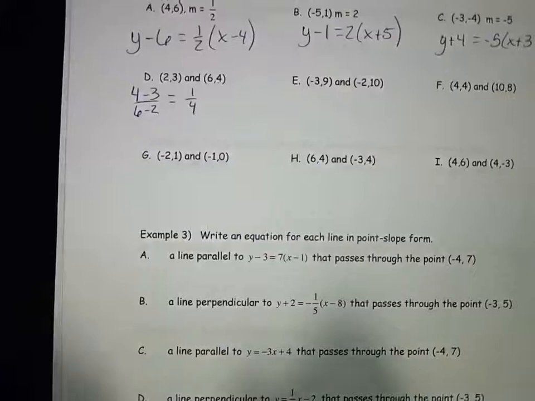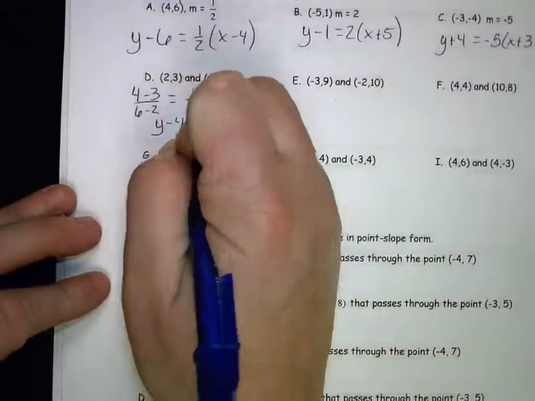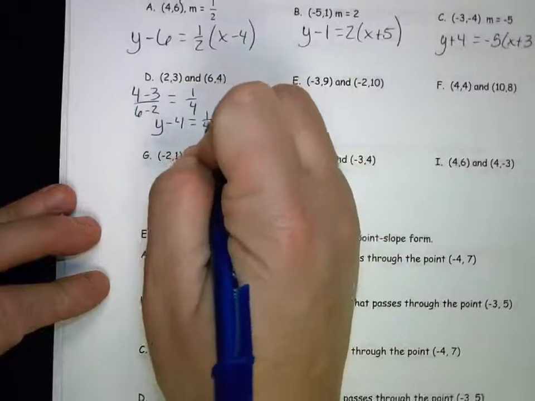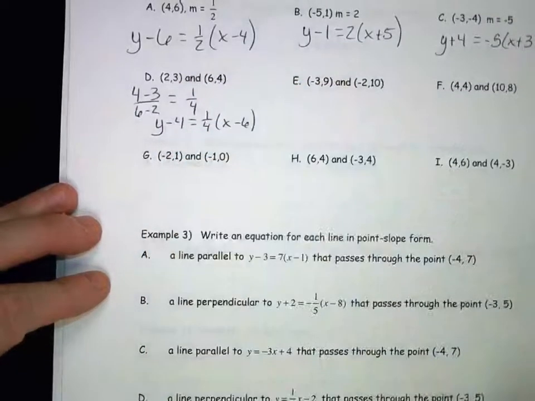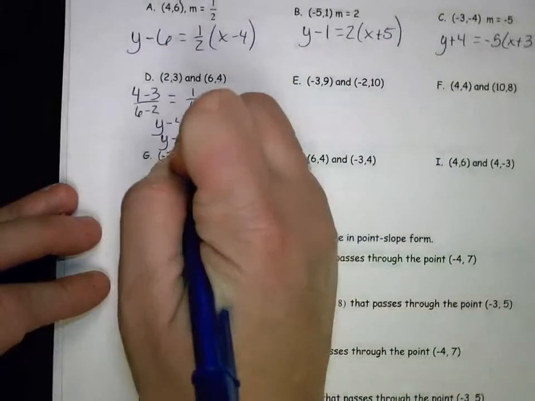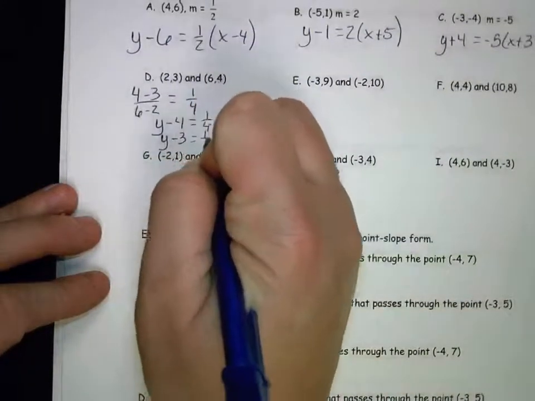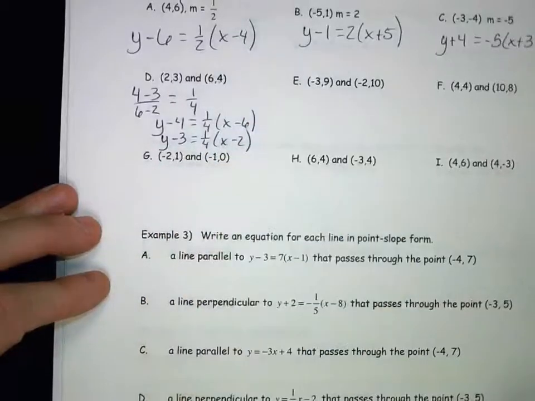And now you can pick either of those points. I'm going to pick the second one, y minus 4 equals 1/4 times x minus 6, and that could be an answer. Or you could have y minus 3 equals 1/4 times x minus 2. Either of those work.